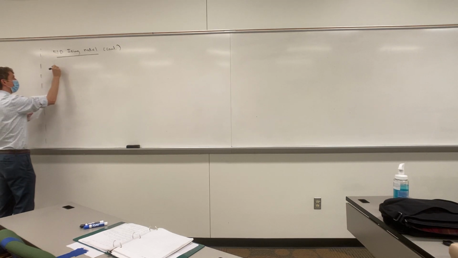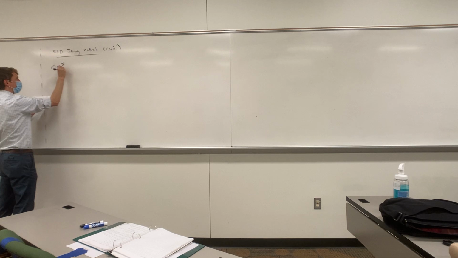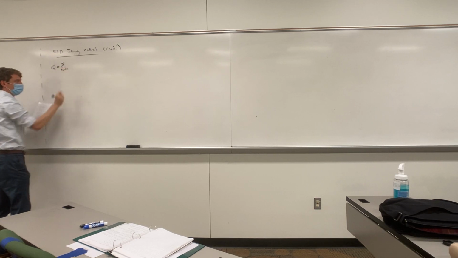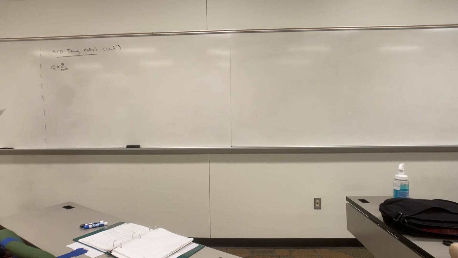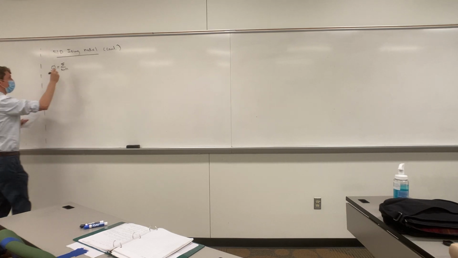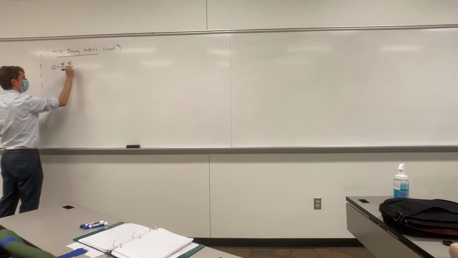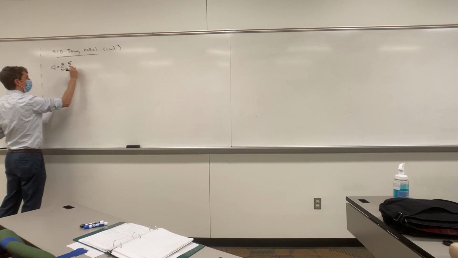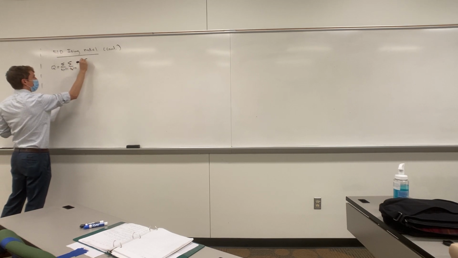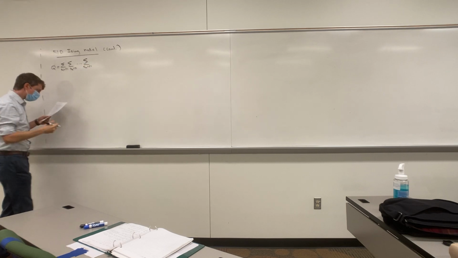You have Q equals, we still have to sum over all the states of the spins. S1 equals plus or minus 1, right? Which is whether the first spin is up or down. Same for spin 2, S2 equals plus or minus 1, dot, dot, dot, to the last spin, Sn equals plus or minus 1.